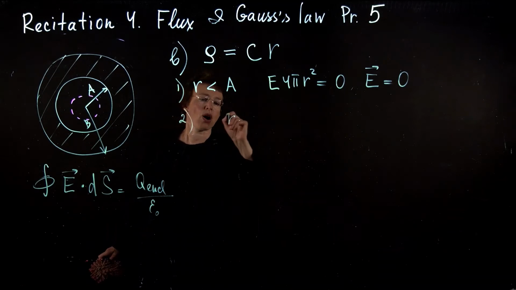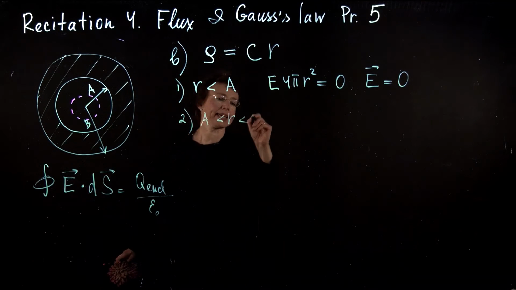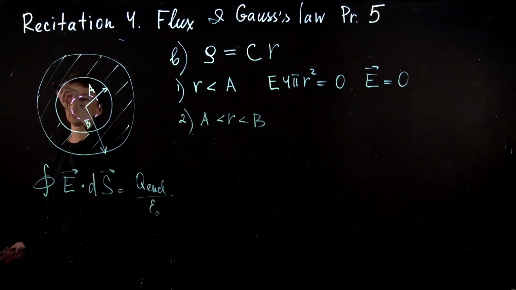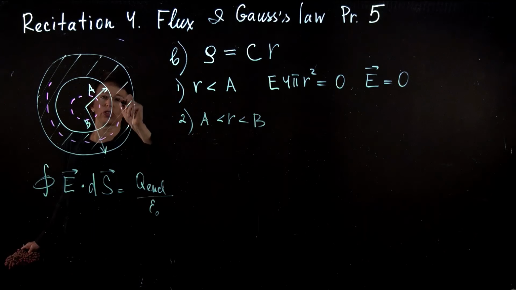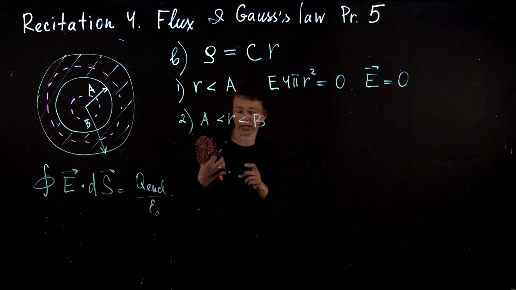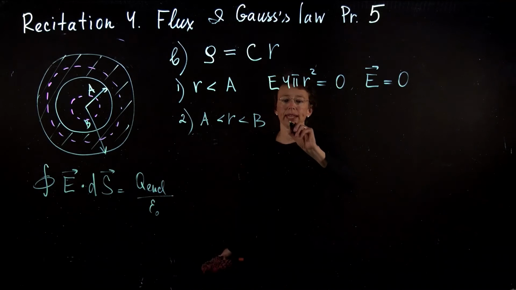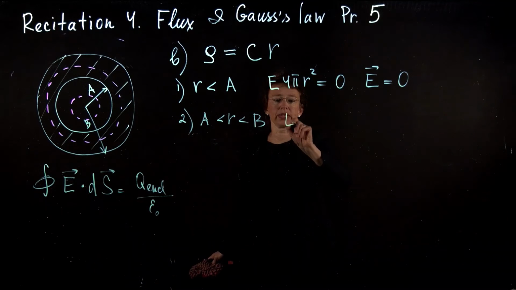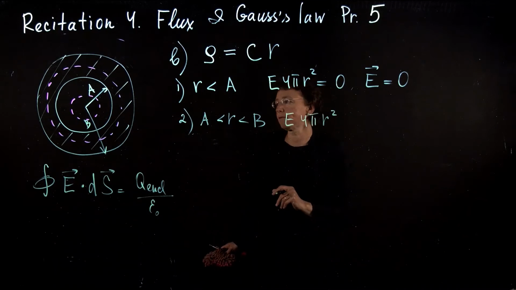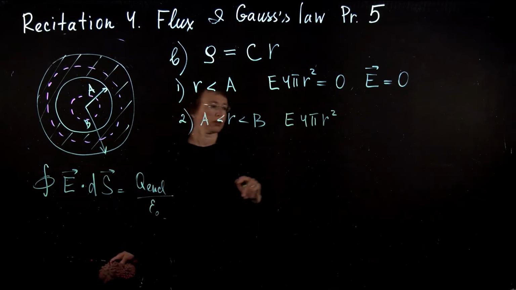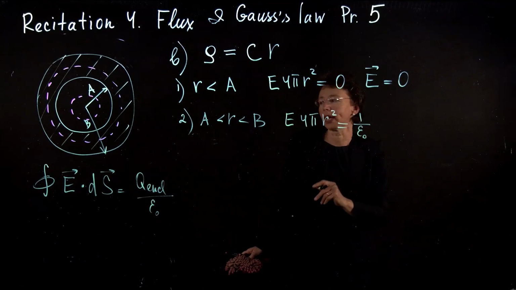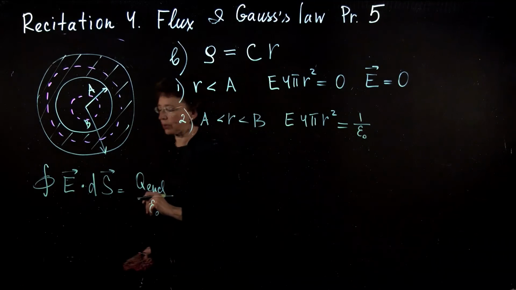Now, for R greater than A and less than B, this will be our Gaussian surface, an imaginary Gaussian sphere located within this insulating spherical shell. The left-hand side will be the same, E times 4 pi R squared. The right-hand side will be 1 over epsilon naught, charge enclosed.